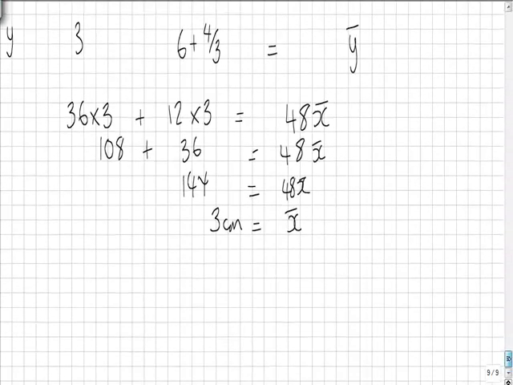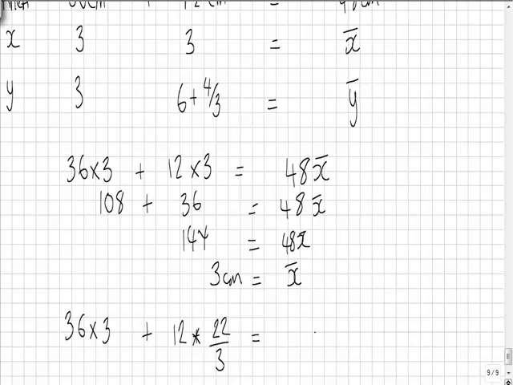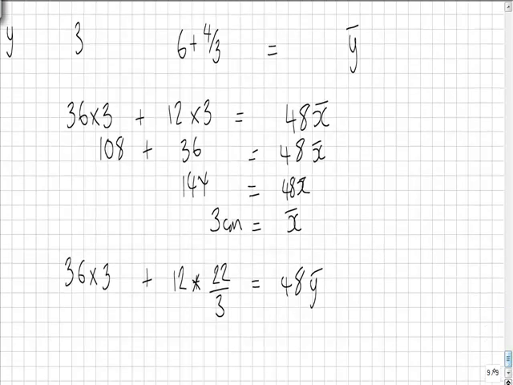For Y bar, we can set up a similar equation. So we have 36 times 3 plus 12 times, I'm going to call this 22 over 3, that's the 6 plus 4 thirds, is equal to 48 Y bar. A little trickier sum to do.